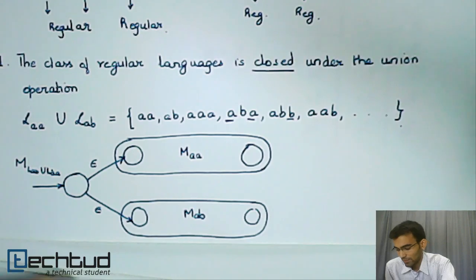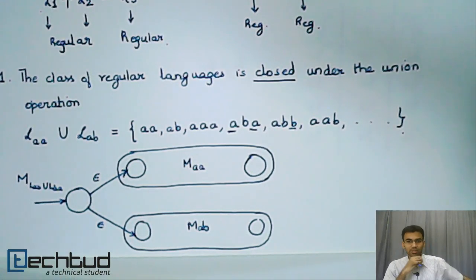So what does this mean? For non-deterministic finite automata, we said that from a particular state you could have more than one transition labeled with a particular symbol. Now the epsilon symbol is a special symbol. It means that I do not read anything from the input. So without reading, I can choose to go either to the machine MAA or the machine MAB, non-deterministically.